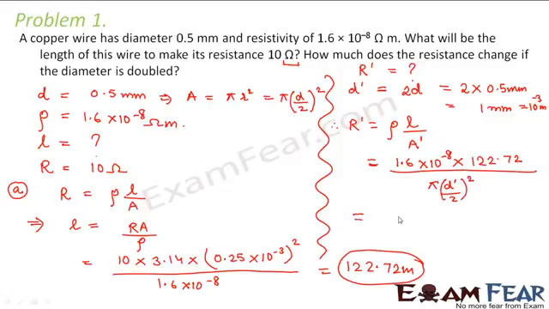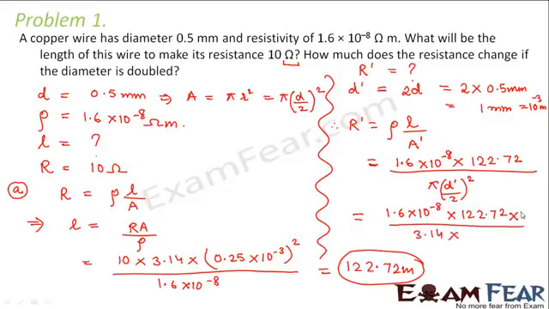So this is equal to 1.6 into 10 to the power minus 8 into 122.72, divided by 3.14 into D dash square by 4, that is 10 to the power minus 3 whole square. So this value comes out to be 2.5 ohms. So this would be the value of the new resistance if the diameter is doubled.